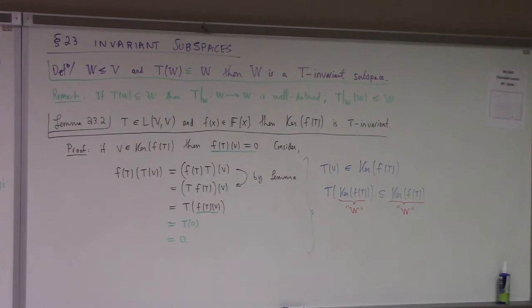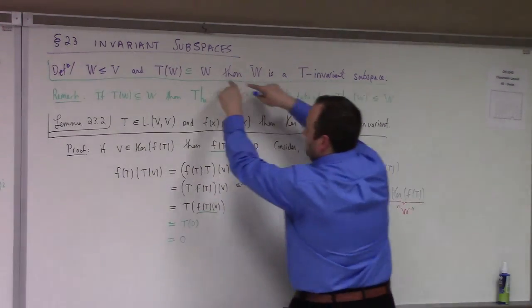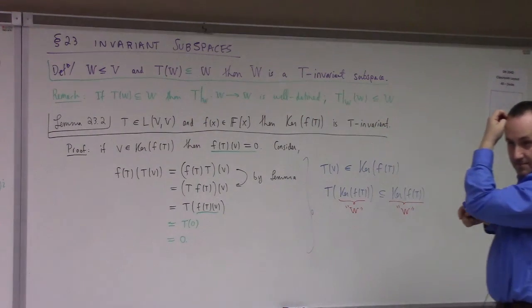So we're looking at T of W as a subset of W. That's what we need for T invariance of the subspace.